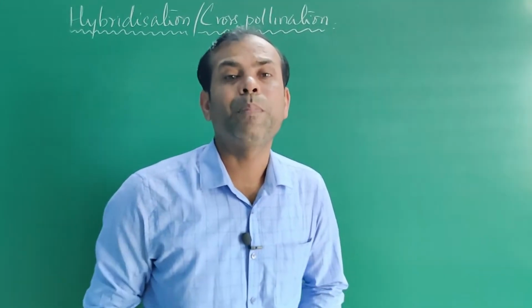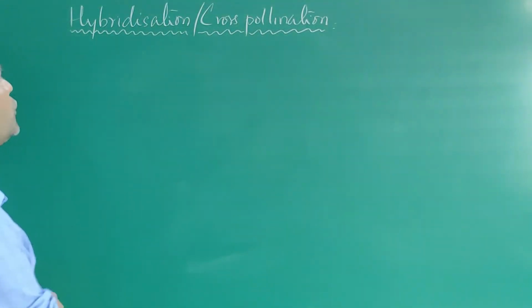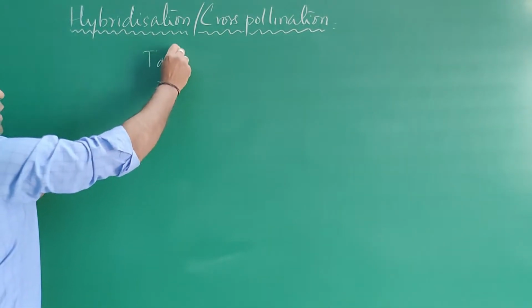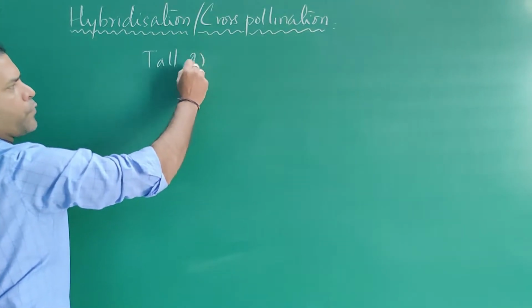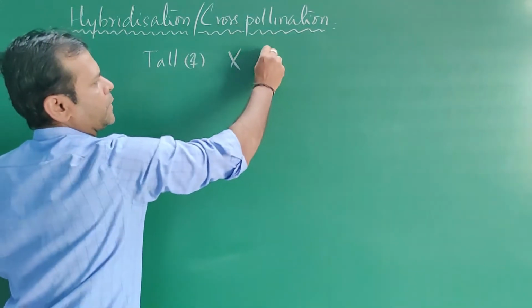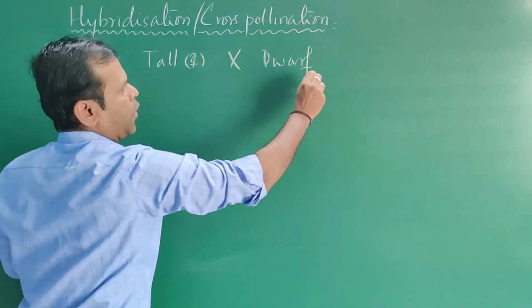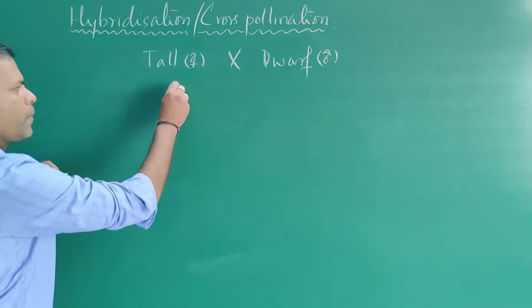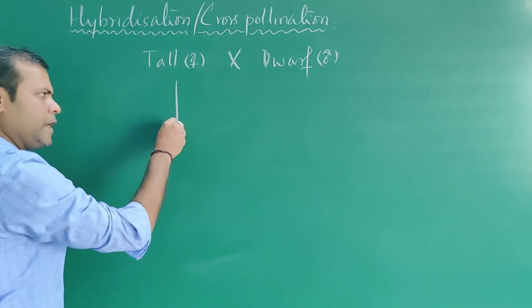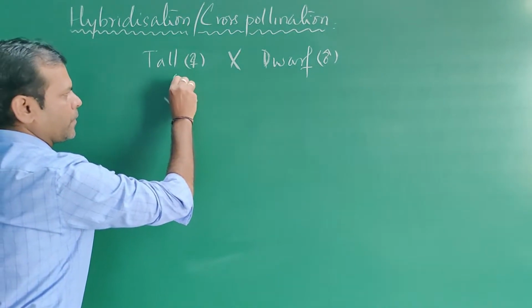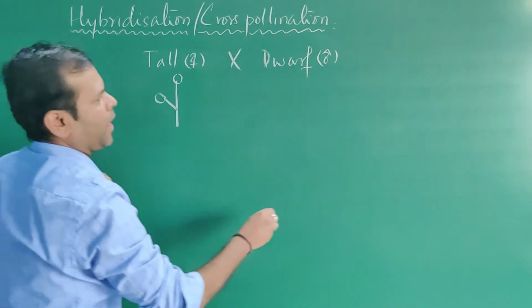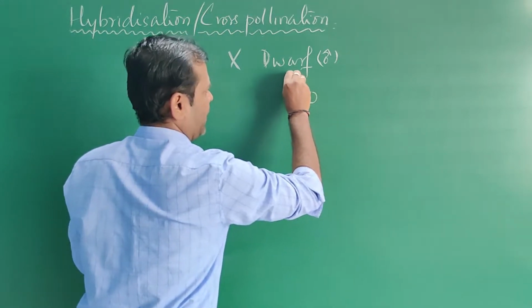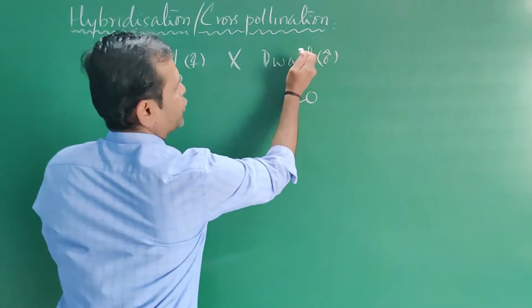So we all know pea plants are bisexual plants. So here in hybridization, we are going to cross a tall female plant with a dwarf male plant. Now, this is, for example, a female plant, and this is, for example, a male plant, which is a short one.